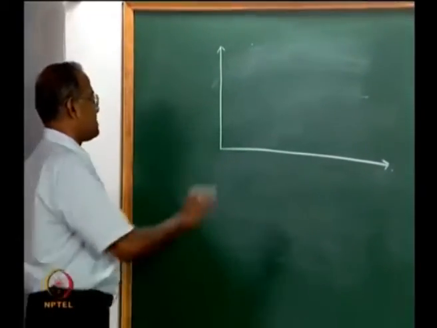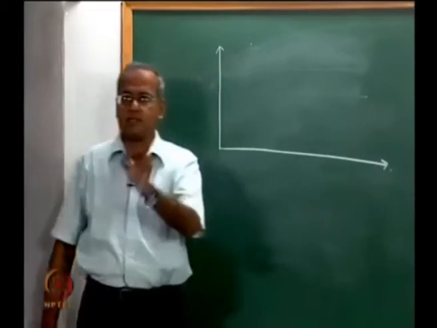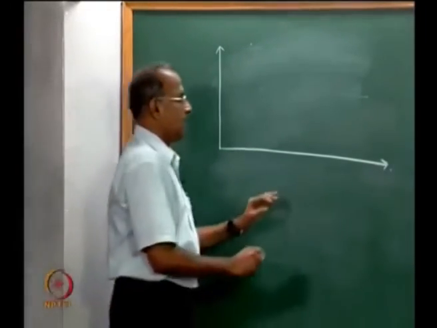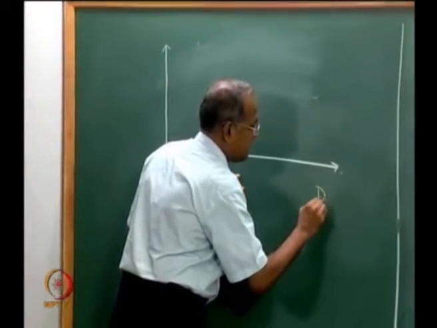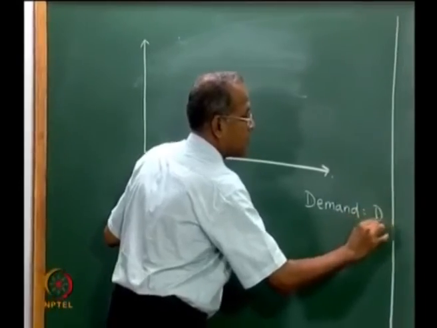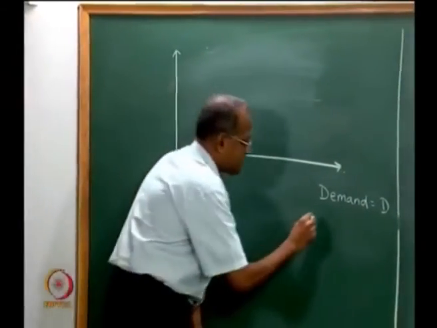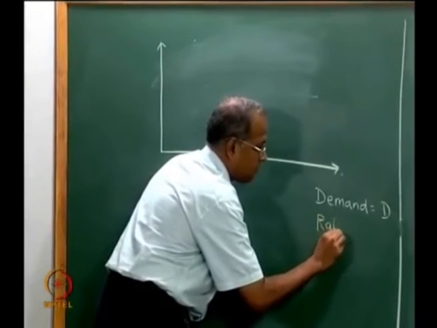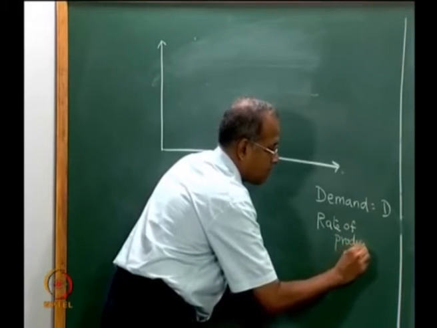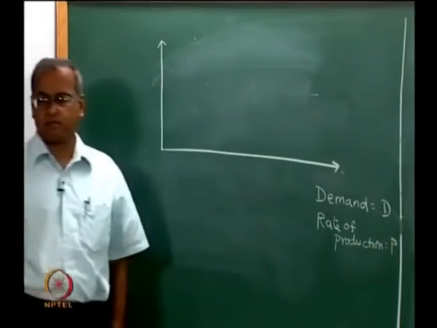So let us assume that a single machine or a single facility is going to make this particular part or item, and let us assume that the annual demand for this item is D, the rate of production is P per year.